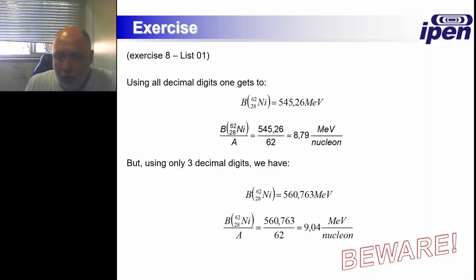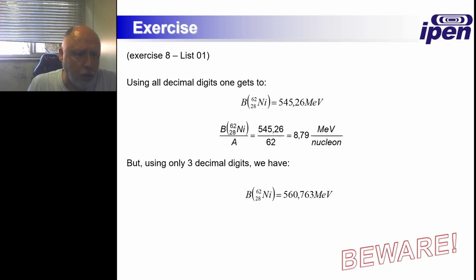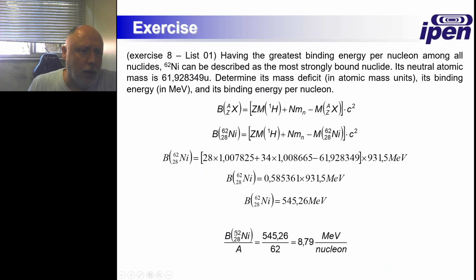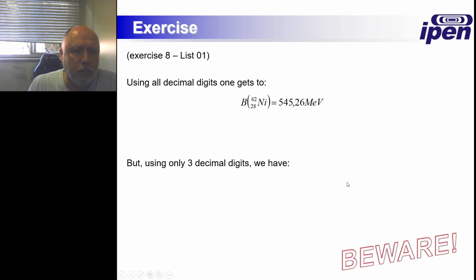This, in fact, is a consequence of something we call small difference of large numbers, which is essentially what happens when we do this here. This is something like 28, this is something like 34, this is approximately 62. The numbers are big, the difference is small, and then the last digits here start to matter much more than we would usually think. Okay, just a quick tip.